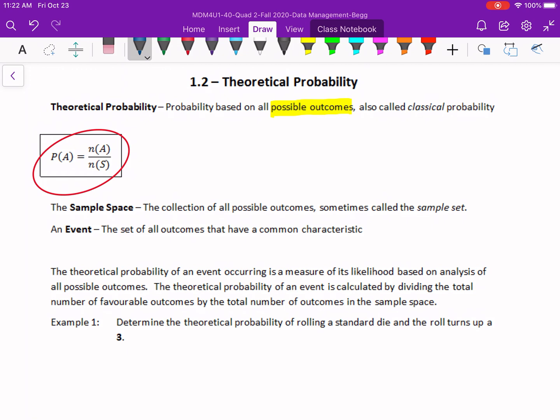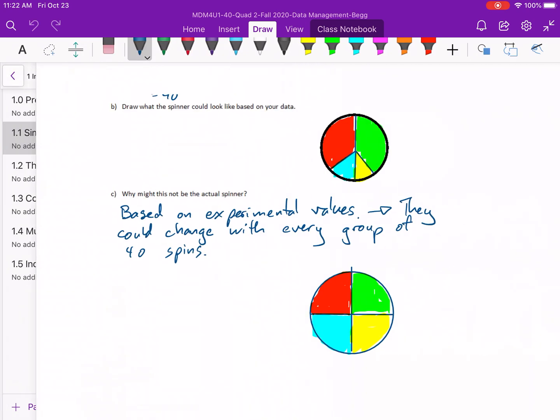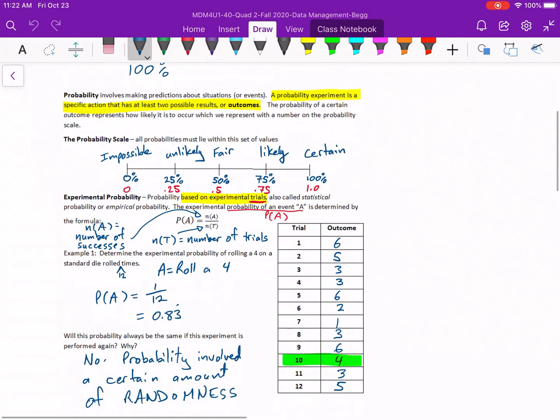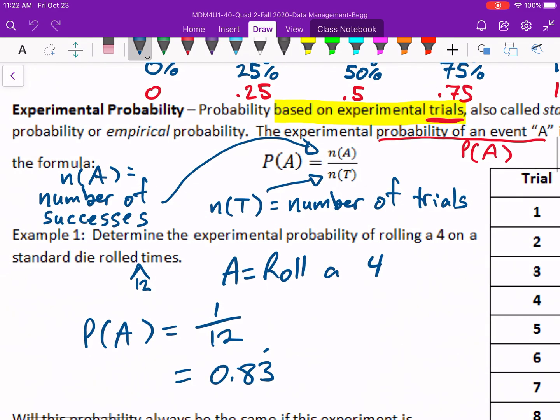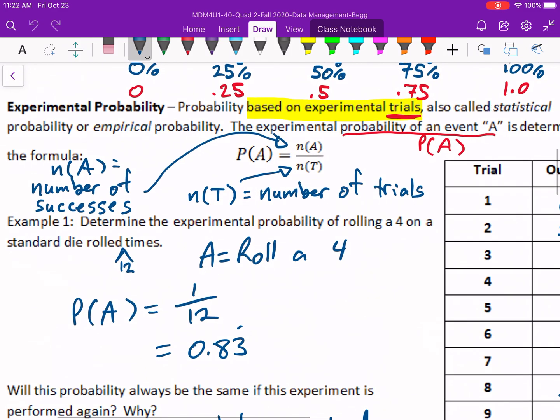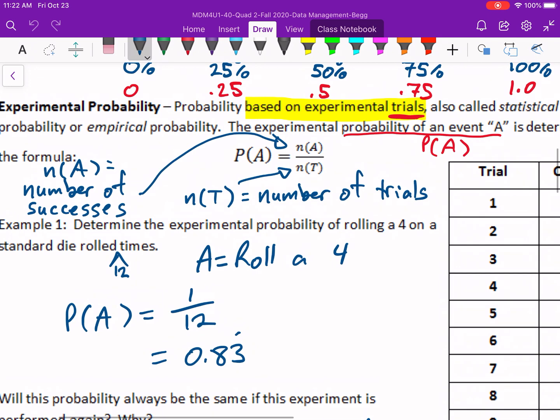In experimental probability, let's just go back for a second actually and take a look at that because it's good to compare. So yes, we had N of A, number of successes. We had P of A, which is the probability of event A happening. And we had N of T, which was the number of trials. All right, so let me circle this one too, just so that it stands out.